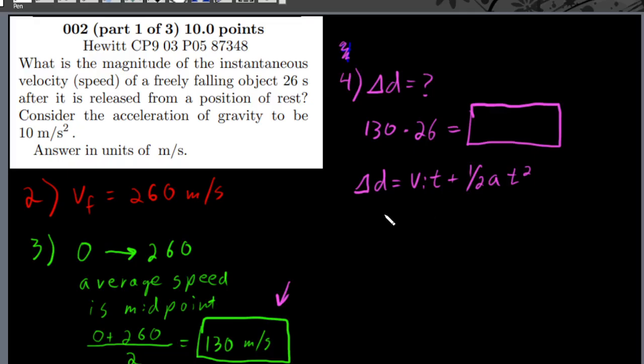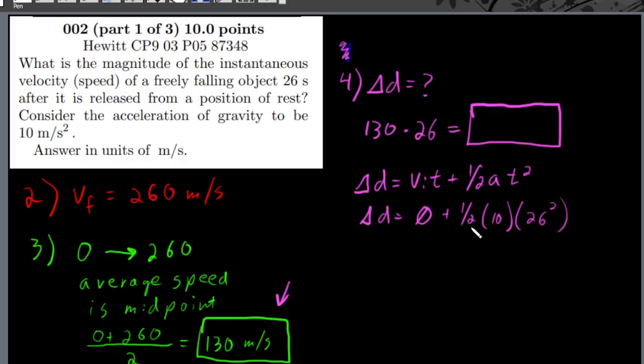and we can do the math this way. Delta D equals VIT plus 1/2 times 10 times 26 squared.